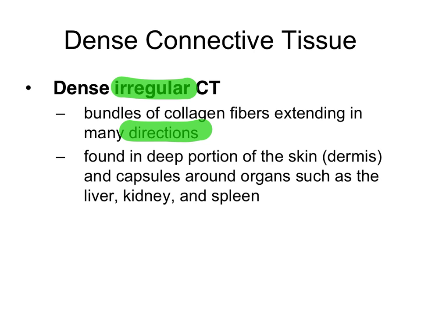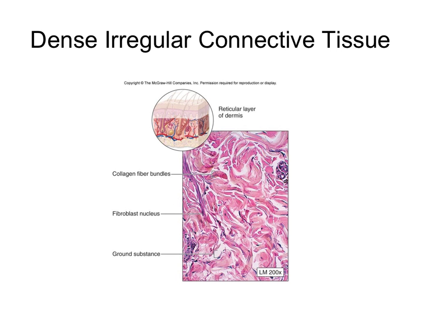It's also in some of your organs. So irregular. That's the second picture from the slide before. Here you have nuclei. Here's some ground substance, collagen fiber bundles. Right? It's a mess kind of.